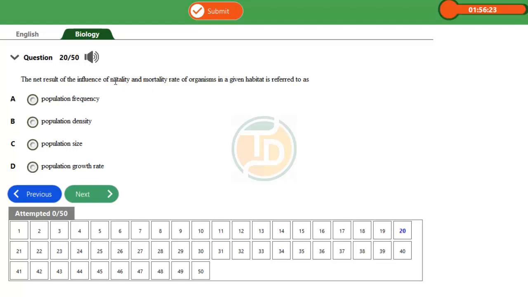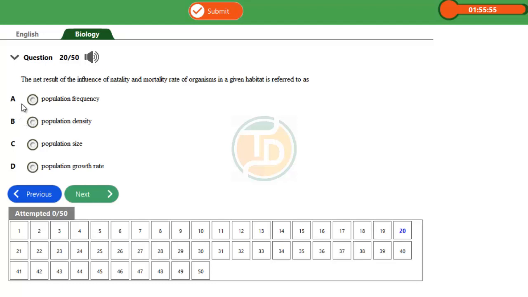Now, the rate at which this balances out is what the question is asking you. So the net result of the influence of birth and death of organisms will be referred to as dash. That's the basis of this question. So the question is asking you which of these options is correct for the statement above.